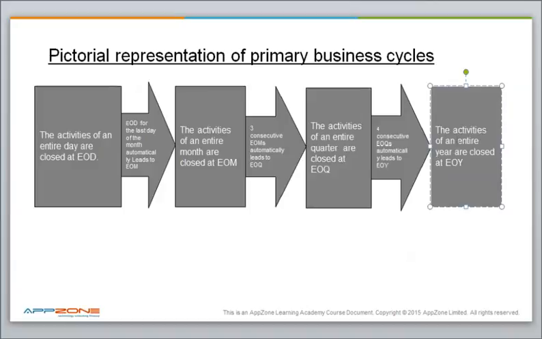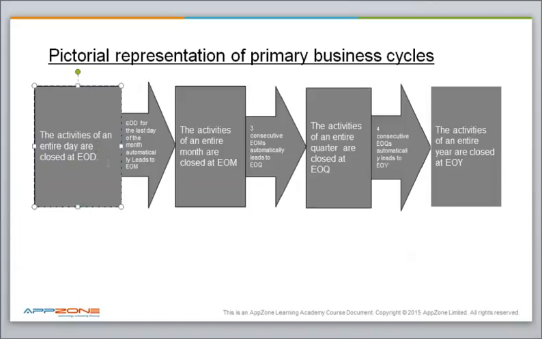So we have the end of day, that is a milestone for the daily activities. It is expected that the business will record all their activities, their transactions throughout the day.